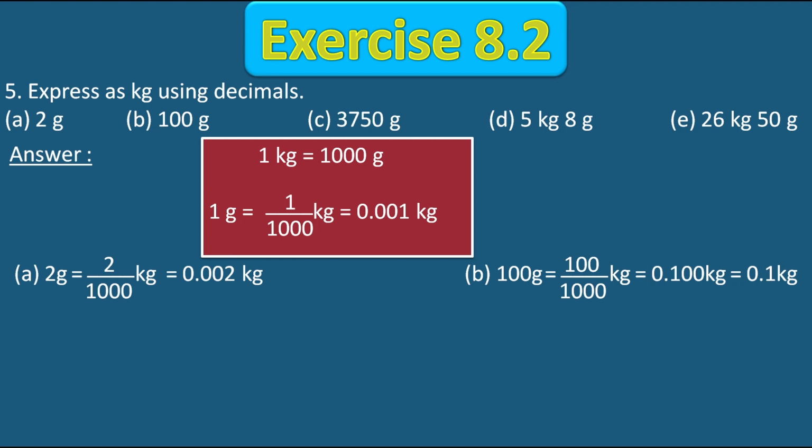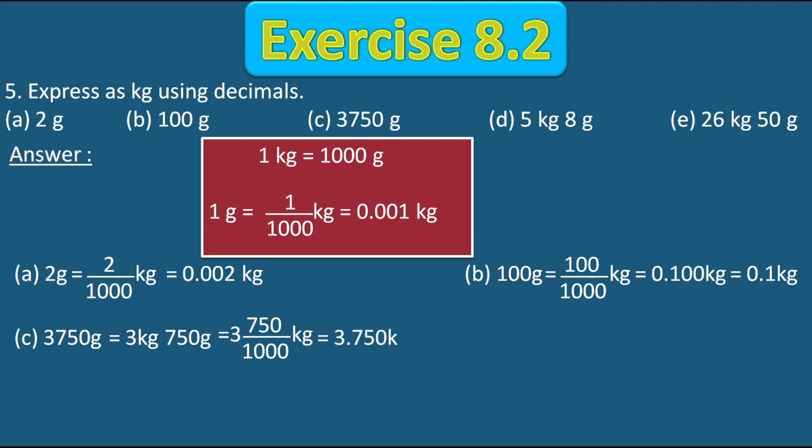Next we have 3750 gram. Already here 3 kilogram is there, so we can write it as 3 kilogram 750 gram. Now here 3 kilogram is the whole number, so 750 upon 1000 kilogram, which is equal to 3.750 kilogram. This you can also write as 3.75 kilogram. Next one we have 5 kg 8 gram.